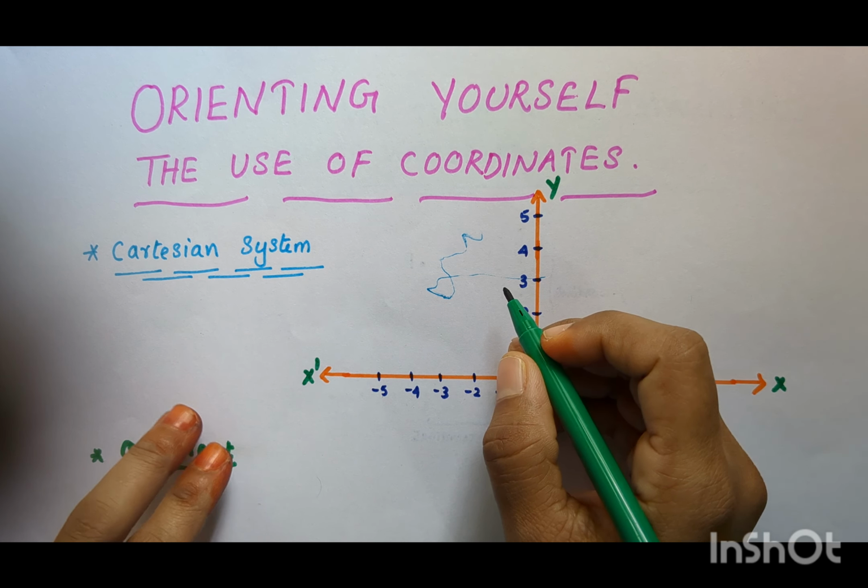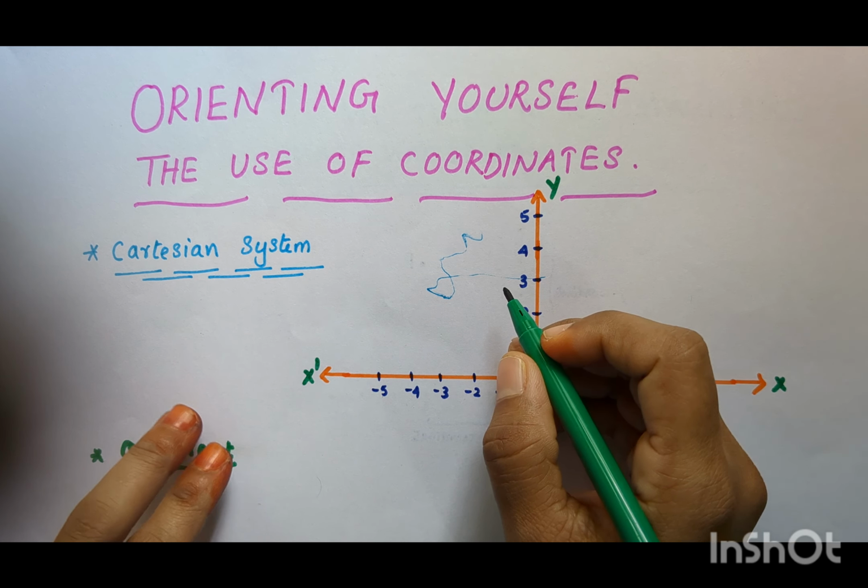X-coordinate is 1, y-coordinate is 3. So, this is the point corresponding to the coordinate 1 comma 3. Now, if we consider b comma a, that is 3 comma 1, where will this point be? X-coordinate is 3, y-coordinate is 1. So, this will be the point corresponding to the coordinate 3, 1.